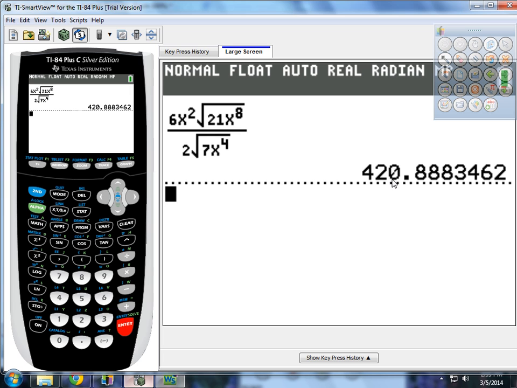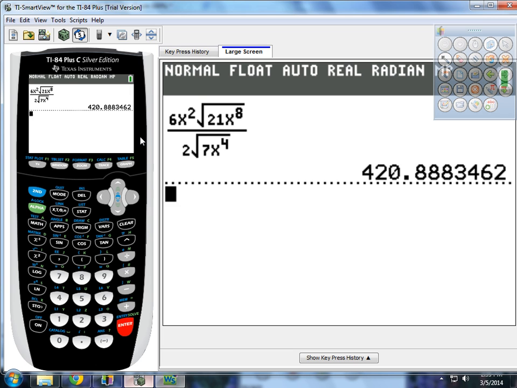But it doesn't matter. If you get an answer, then yours should match your answer. Okay? That might have been a little confusing, but if you have a question about that, write it on your paper. Okay? So I got this. You might get something different. Just make sure that you've plugged this all in at the same time.